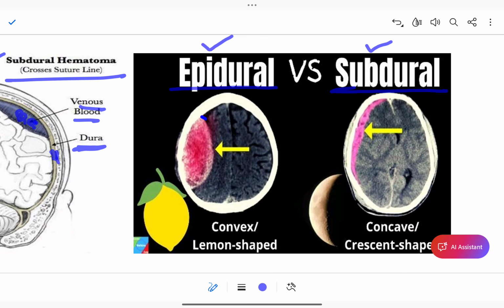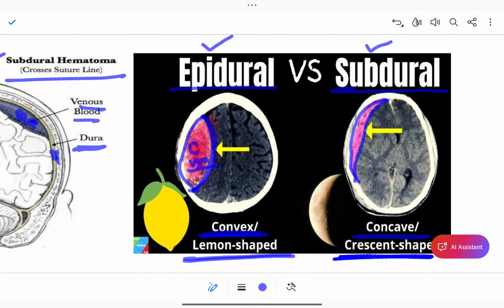On NCCT, this part is convex, or we can say lemon-shaped, and this part is concave or crescent shaped. Concave or crescent shape. This part is convex or lemon-shaped.